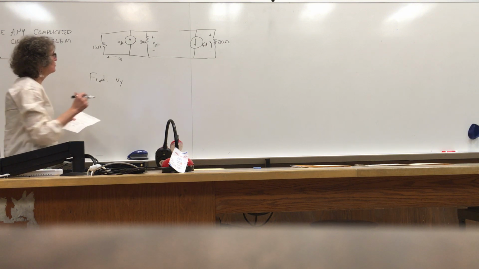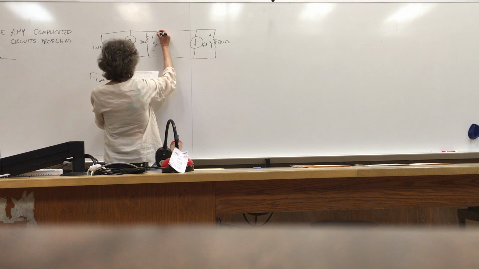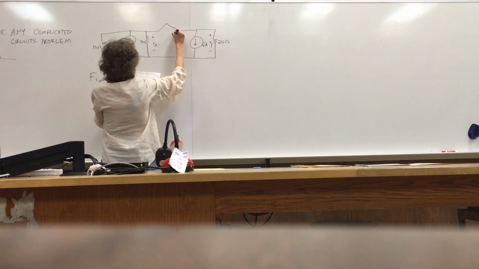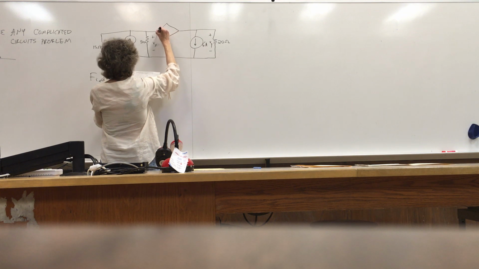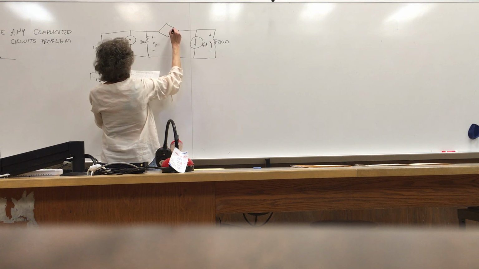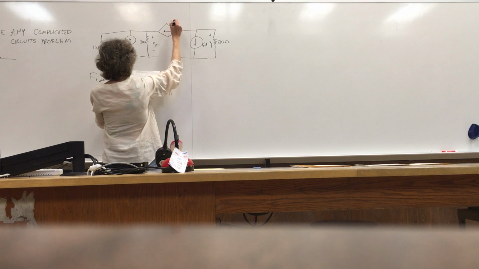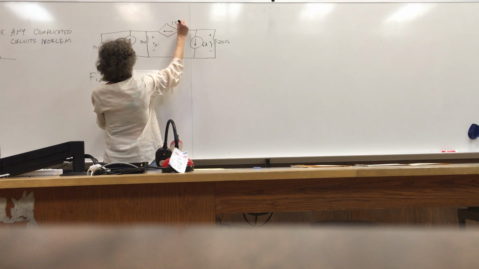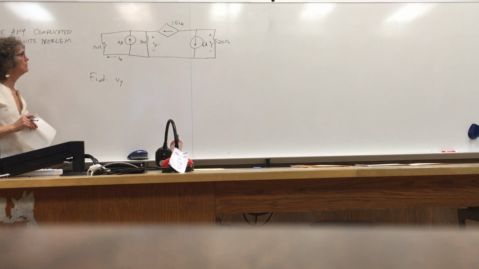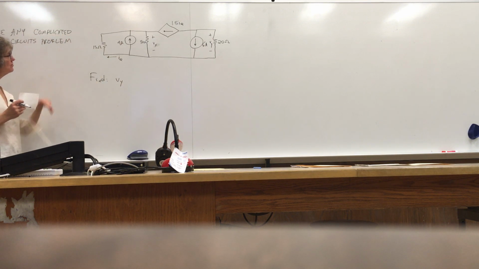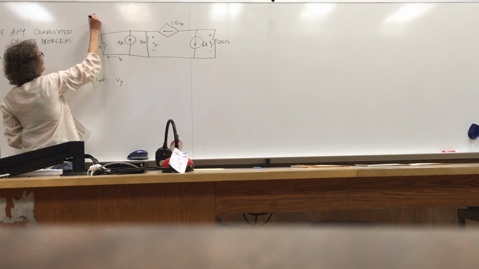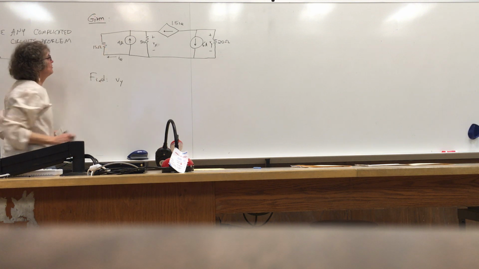And for the case where this is a dependent source, and it's a current source, and the arrow's pointing to the left, and it's 1.5 times IQ, where it depends on that current there. Okay, so this is the picture, this is the given information.